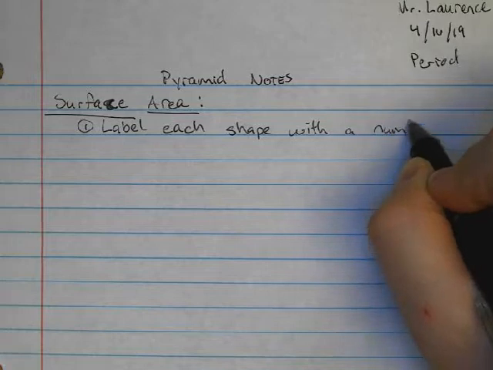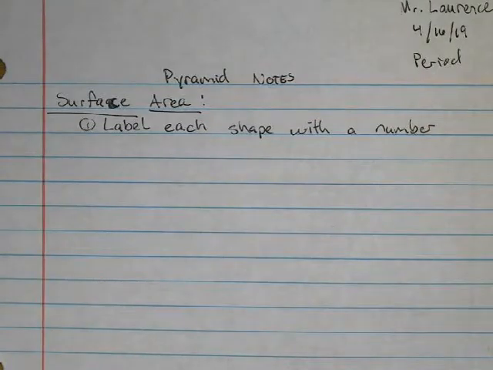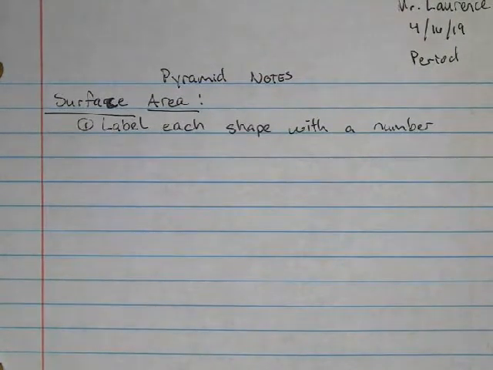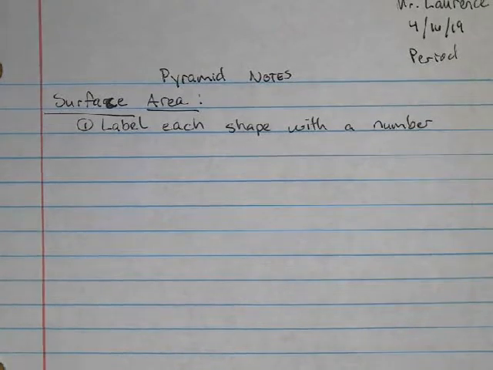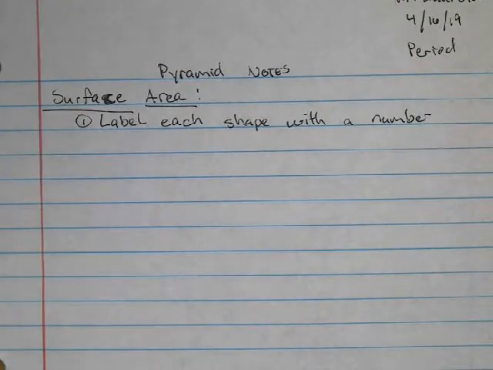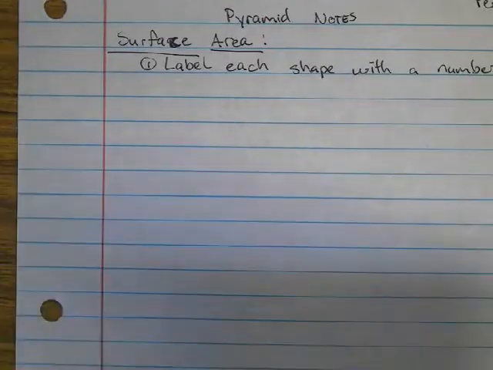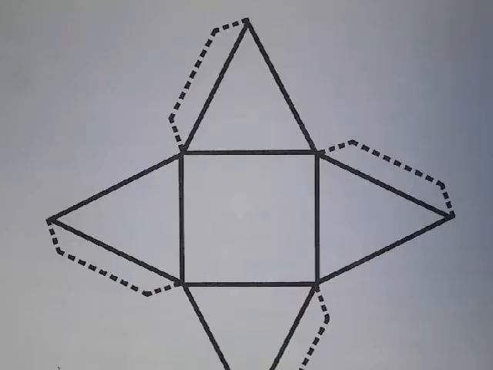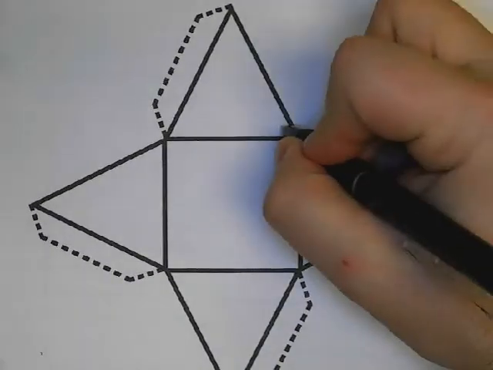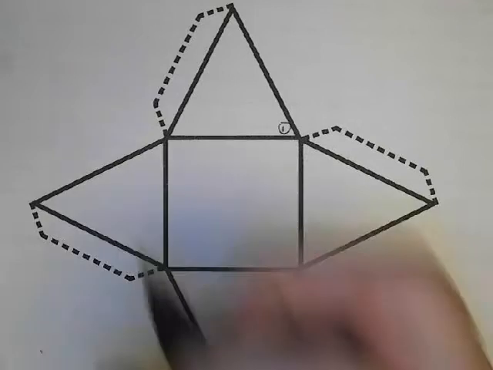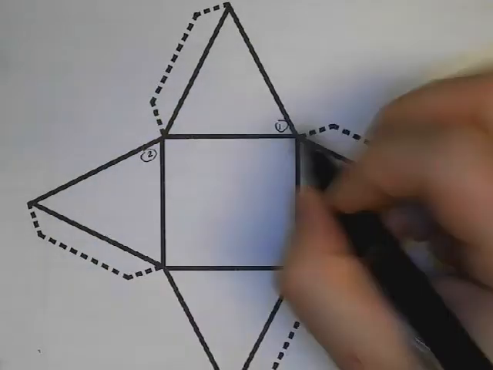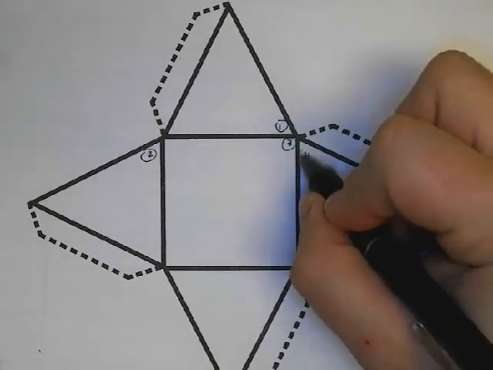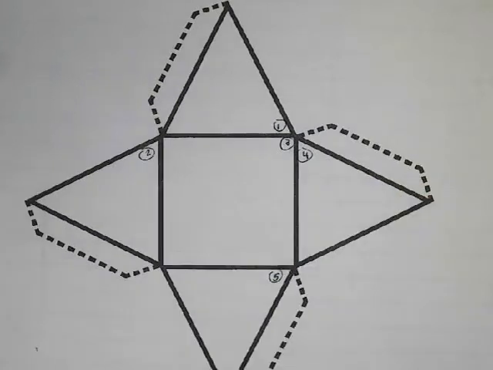And again, this is for organizational purposes, so that we can keep track of which shape we're working on. So I'm going to take my pyramid, I'm going to label each shape with a number. So we'll give the number 1 to my top triangle, then I have triangle number 2, square will be 3, triangle 4, and then triangle 5.